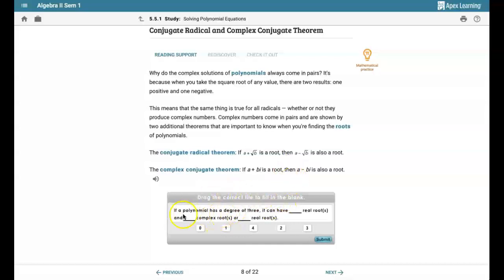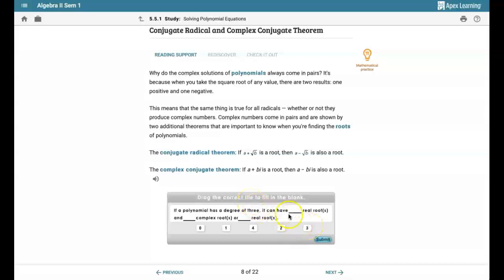If a polynomial has a degree of 3, it can have 3 total roots. But if we have complex roots, they come in factors of 2, so 2, 4, 6, whatever. Because they're in a pair, if you have one, you have to have both.